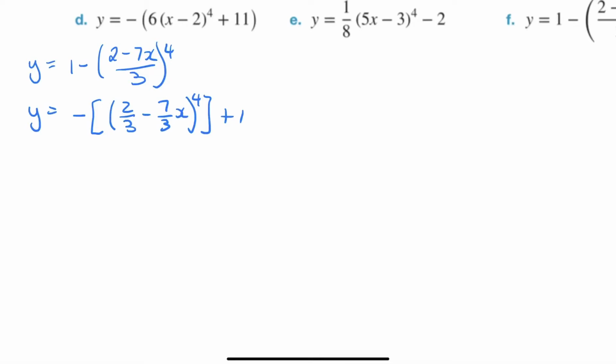What I'm going to do now is get x by itself. So I'm going to swap x, and I'm going to put this to the power 4 on the outside. In this bracket of mine, I want to take out minus 7 over 3 as a common factor.